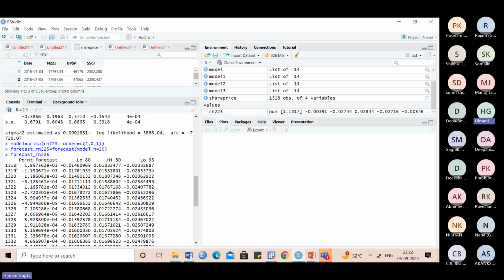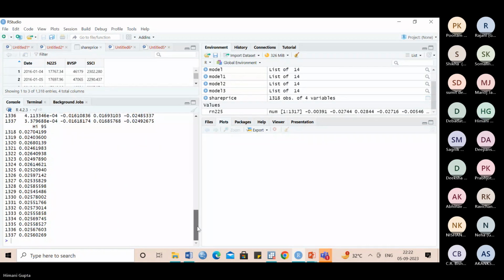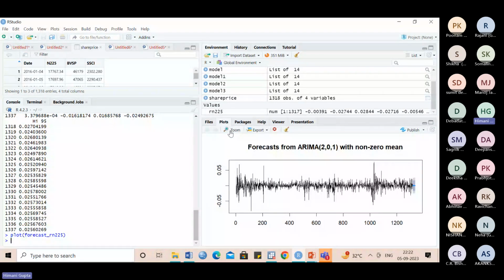So it has given me the observations from 1318, 1319 till the next ones. All the return series answers are there, so the next returns are there. And if you make a diagram for this, you can just write plot and your forecast rn225, and you can see it has given you the diagram.